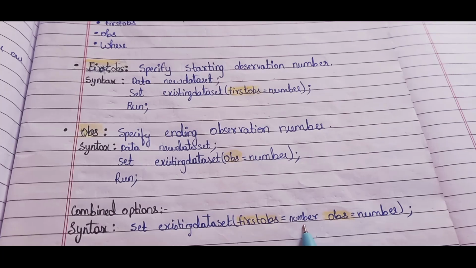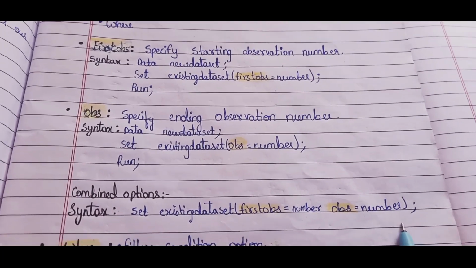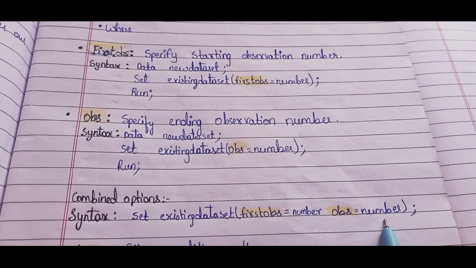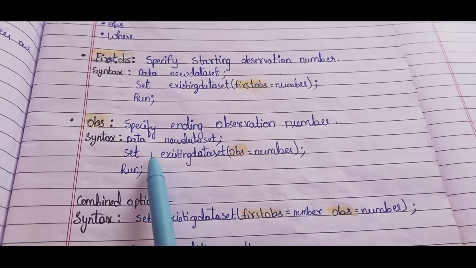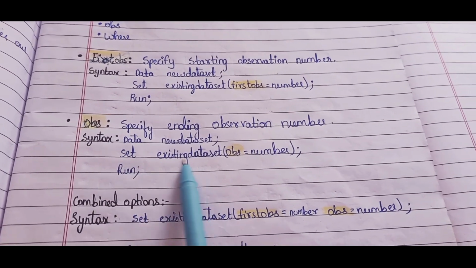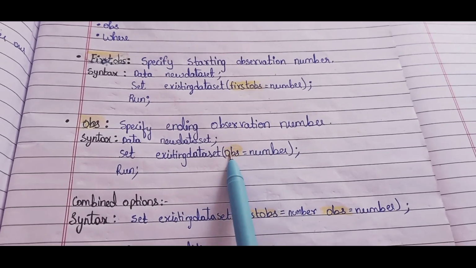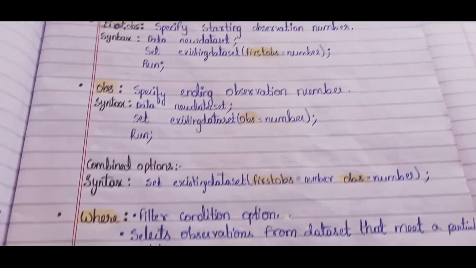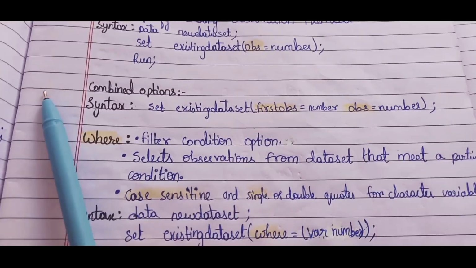First OBS 5 means from 5 it will print, and 8 is the last observation number, so till 8 it will print. Clear? The syntax is the same: first OBS equals number and OBS equals 8.